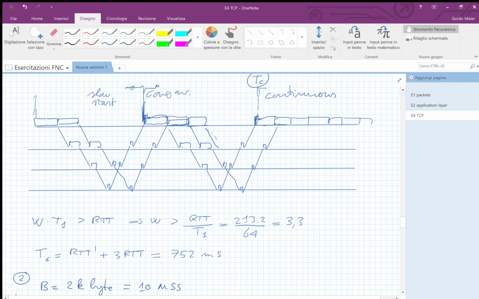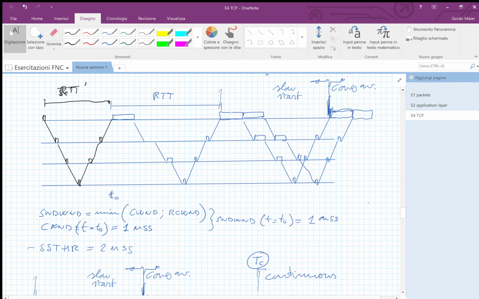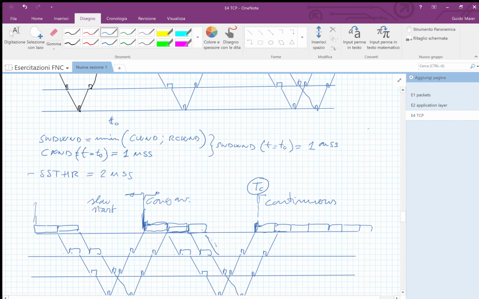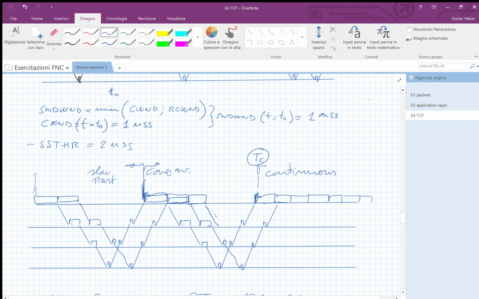So if you look at the picture here, let's say that you are transmitting the file, you send 1, 2, 3, 4, 5, 6 segments in the discontinuous transmission mode. Okay. The rest of the segments are transmitted in a continuous transmission mode.